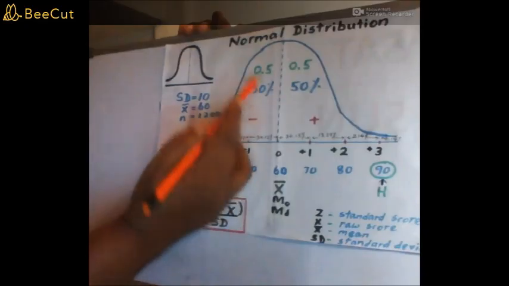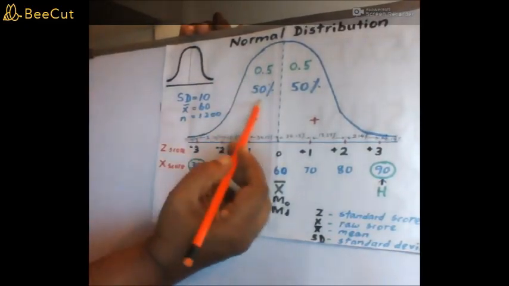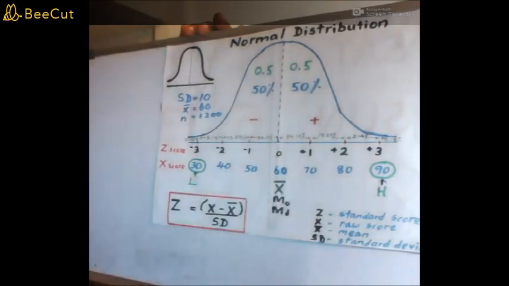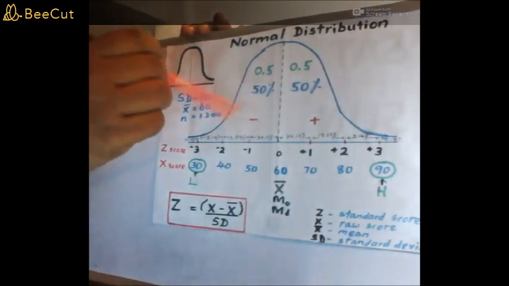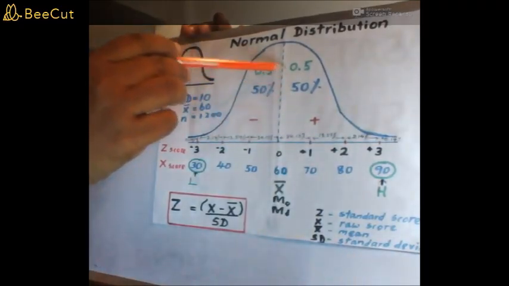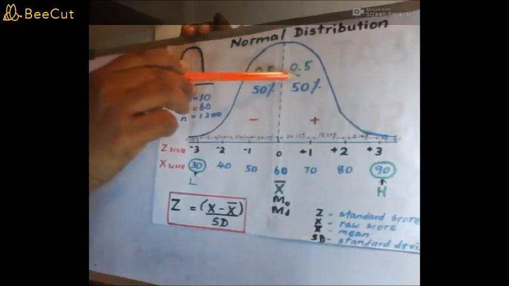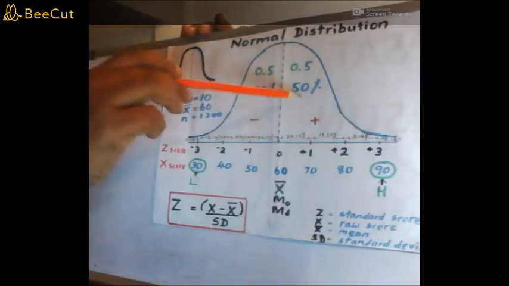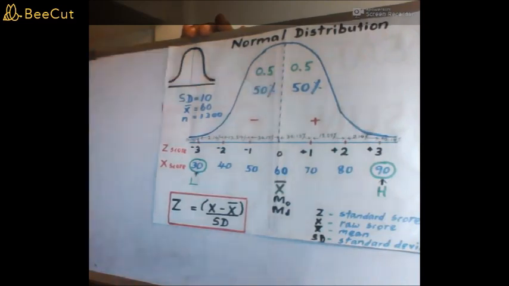We have to get them into decimals like this. Now, the whole population is represented by this one, and the probability is 1. So 1, then this half 0.5, 0.5. That means 50%, 50%. Right? That is also one assumption.